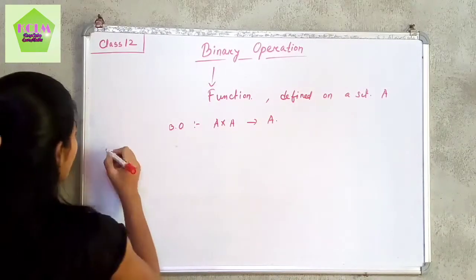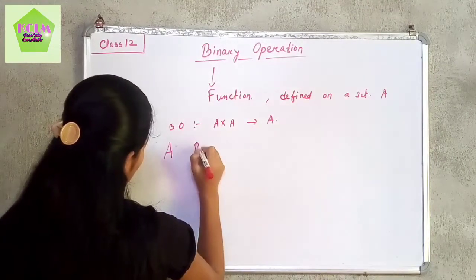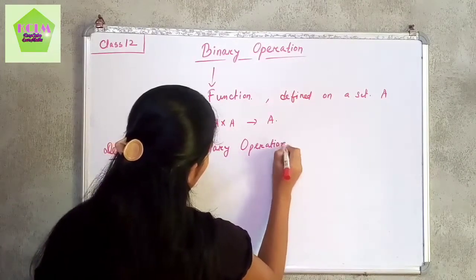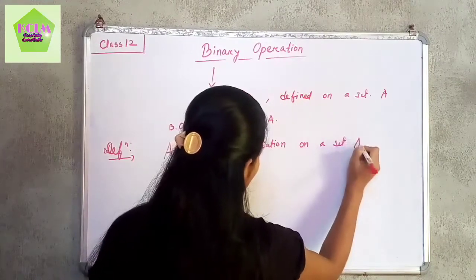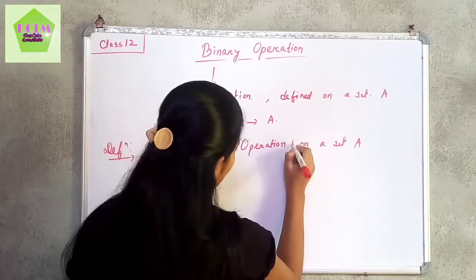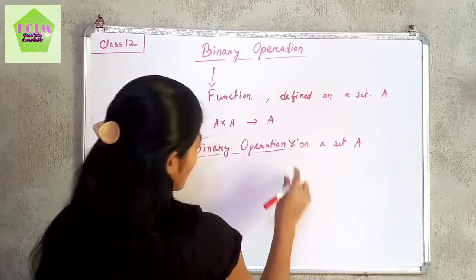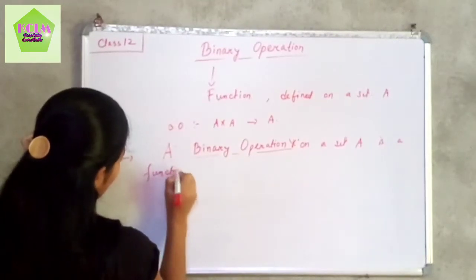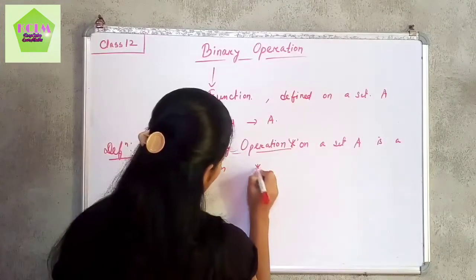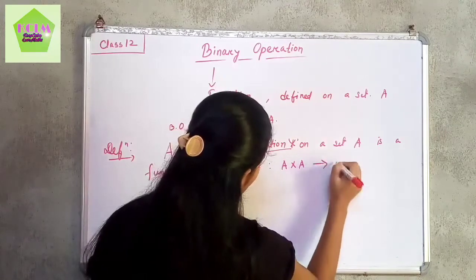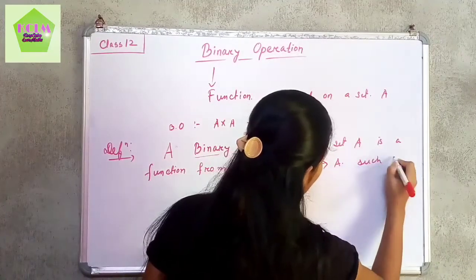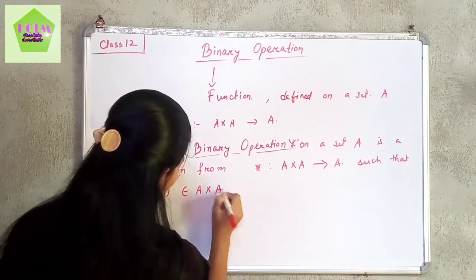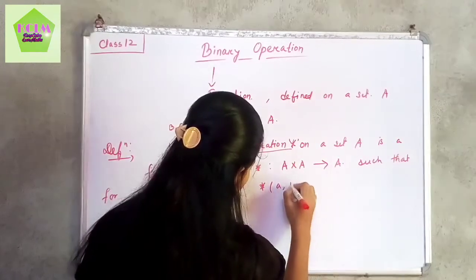So the definition will be like this. A binary operation, denoted by a star, on a set A is a function from A cross A to A itself, such that for an ordered pair (a, b) belonging to A cross A, star of those elements (a, b) belongs to the set.